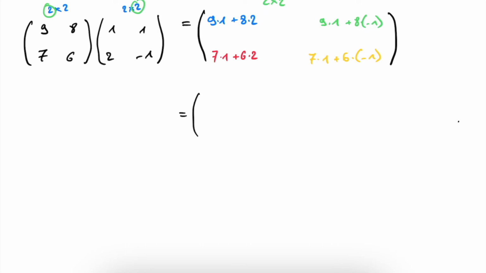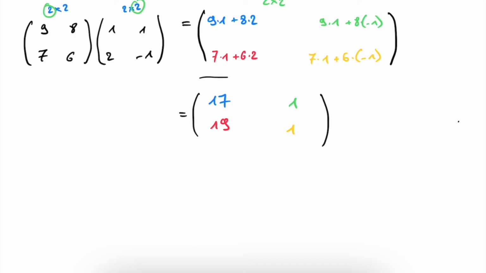And this is of course simply equal to 9 plus 8 is 17. 9 minus 8 is 1. Here we get 7 plus 12, which is 19. And for the final element, we get 7 minus 6, which is again 1.